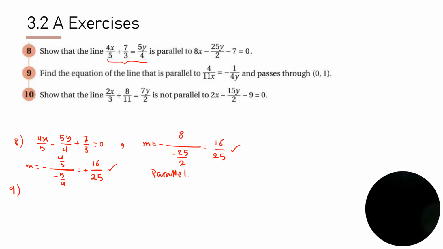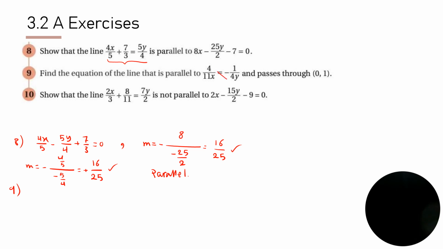Question 9. Find the equation of the line that is parallel to 4 over 11x equal to negative 1 over 4y. Okay, in this situation, it also says it passes through (0, 1). So first we need to reform this to be either in the general form or the standard form or slope-intercept form.